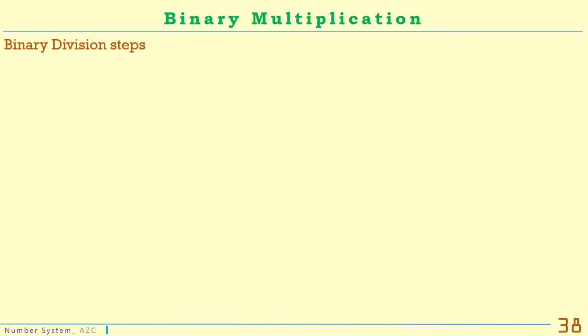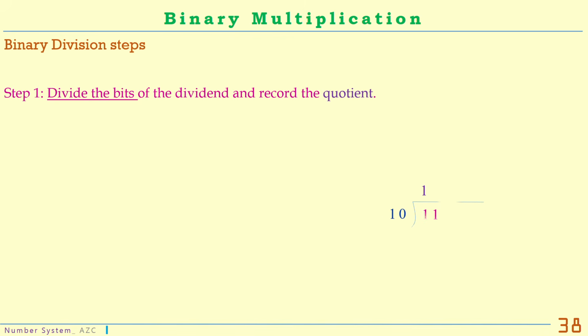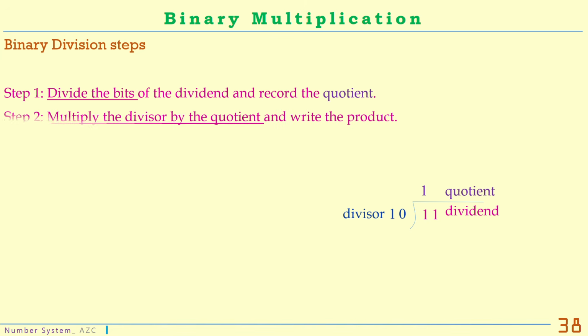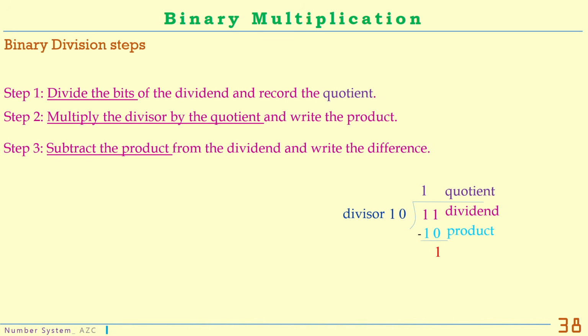Binary division steps. Step 1 is divide the bits of the dividend and record the quotient. Step 2 is multiply the divisor by the quotient and write the product. Step 3 is subtract the product from the dividend and write the difference.